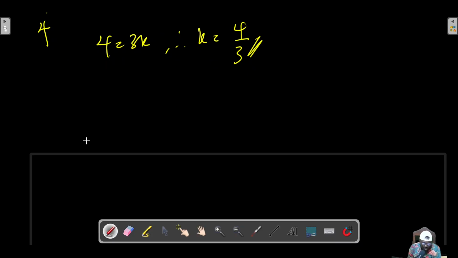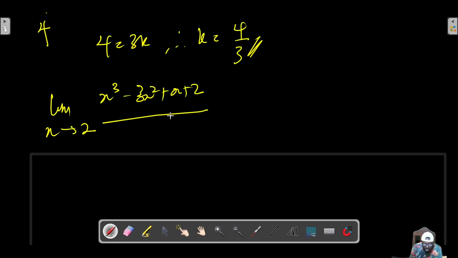Now we move on. Let's say you have the expression, the limit as x is approaching 2 of x cubed minus 3x squared plus x plus 2 divided by x cubed minus x minus 3. Now we check if this is an indeterminate, and truly it will be.